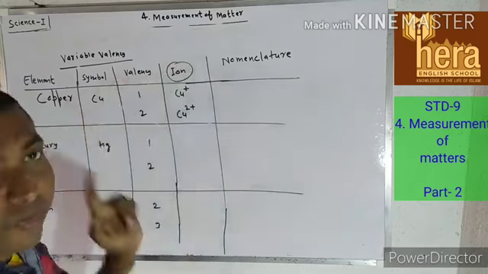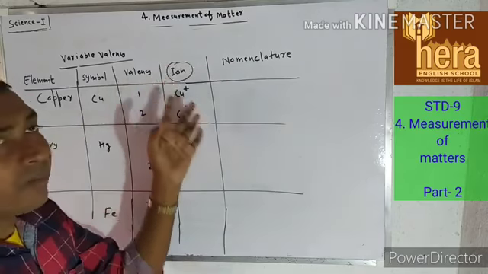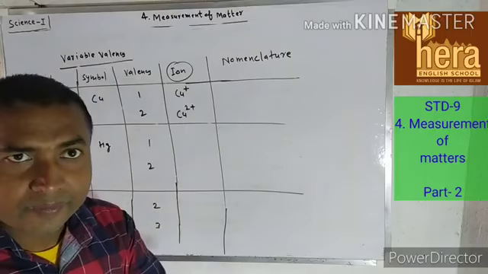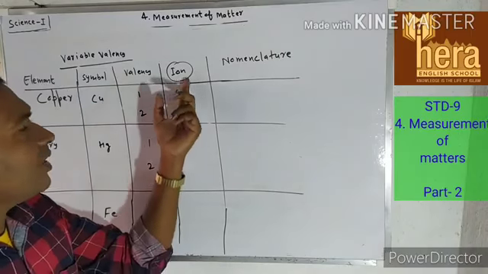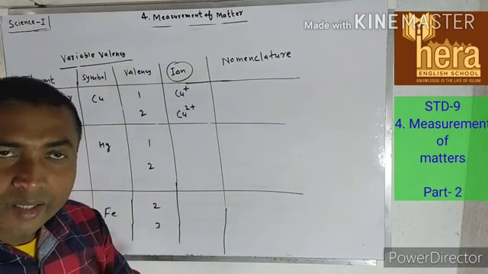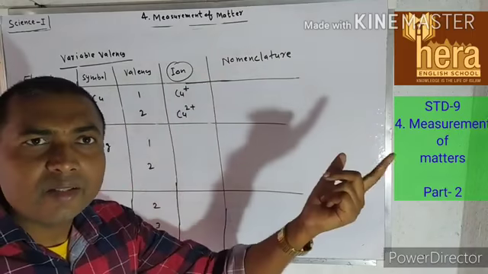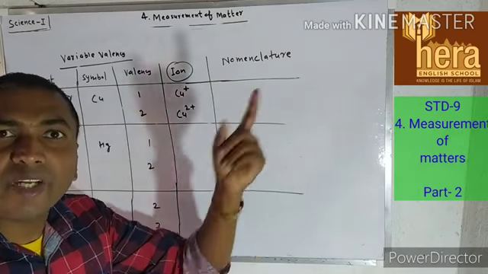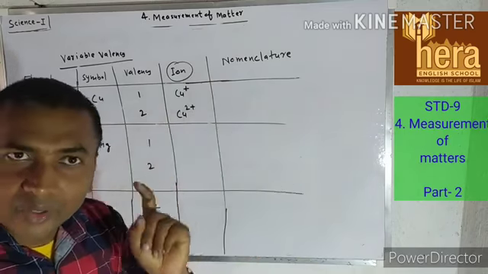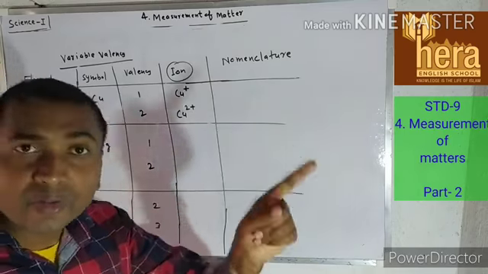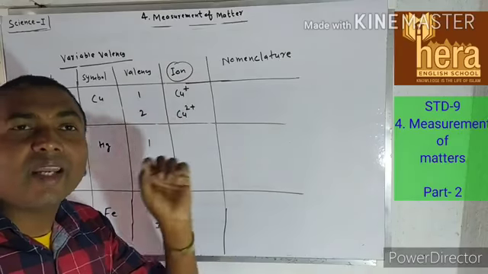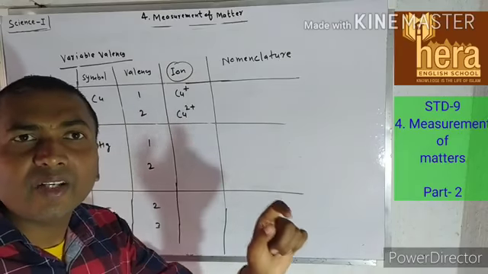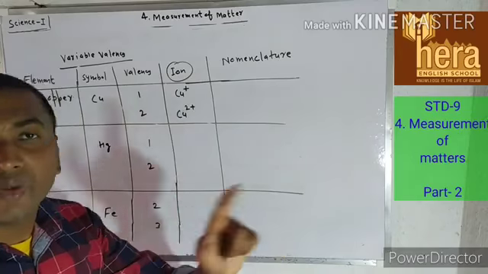If any atom has a charge, then that is called an ion. If there is a positive charge, that is called a cation. And if there is a negative charge on any element, that is called an anion.